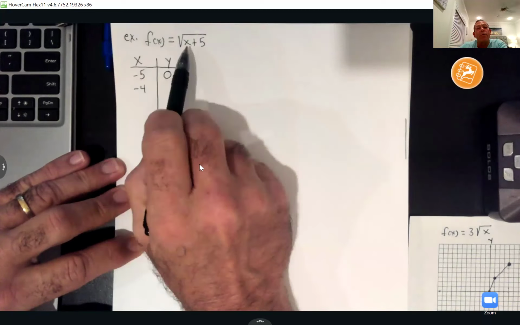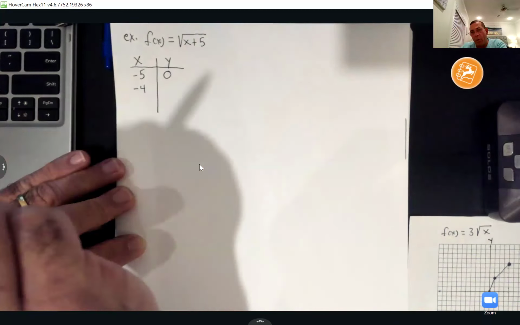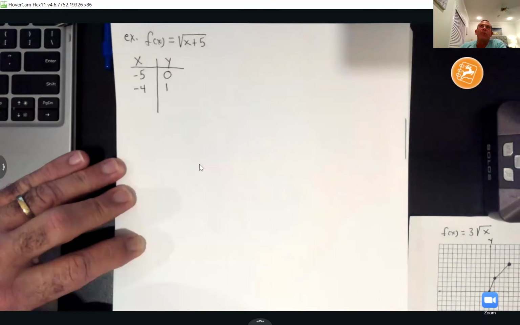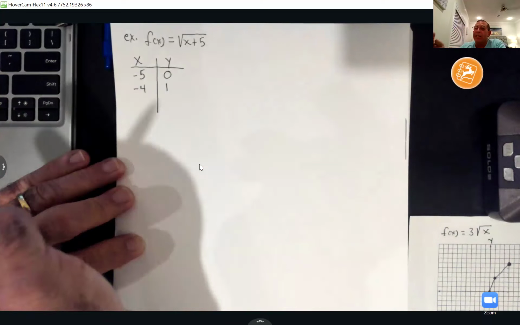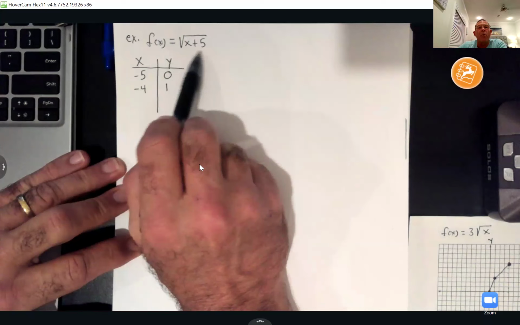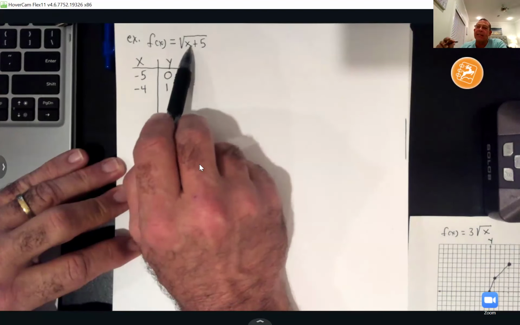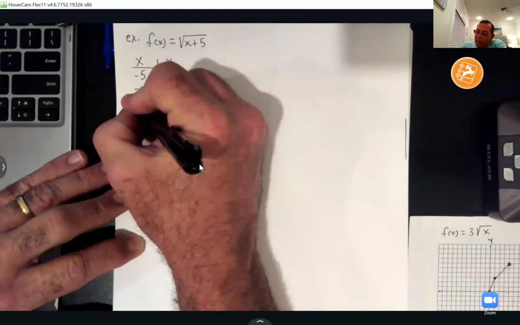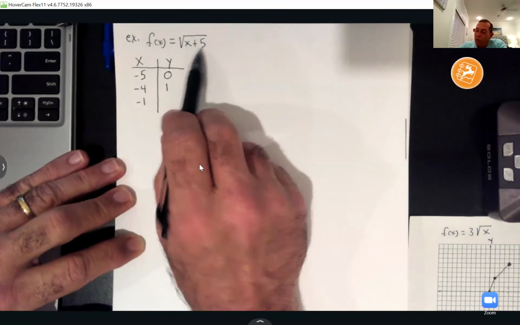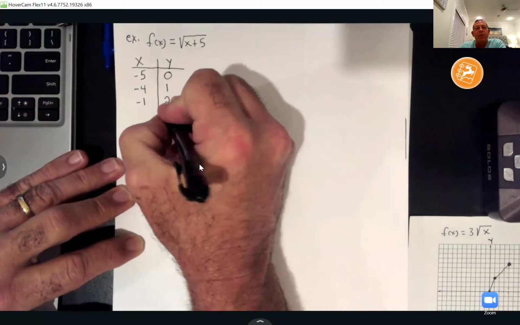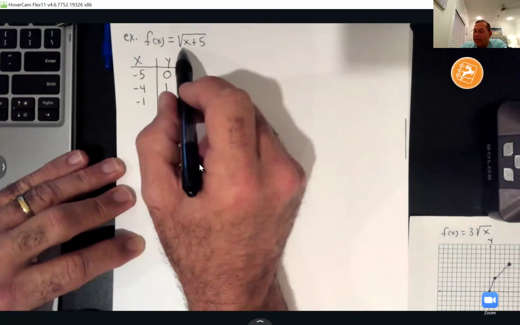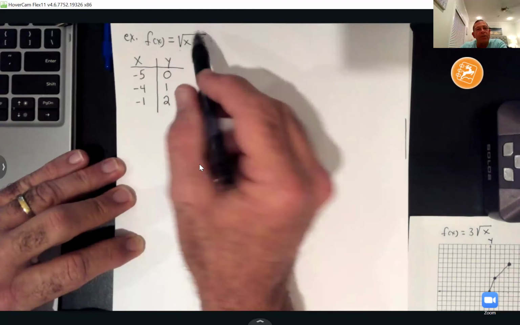Because -4 plus 5 is 1. Square root of 1 is 1. Now, what's next? I did 1 and I did 0. So next smallest number would be 4. So to make this equal a positive 4 under here, that x has to equal -1. So y'all, -1 plus 5 is 4. Square root of 4 is 2. So you got to focus on making this equal a number that has a square root, okay?